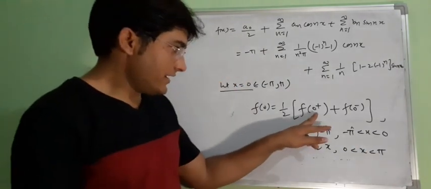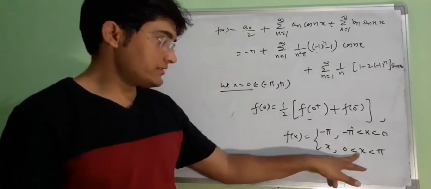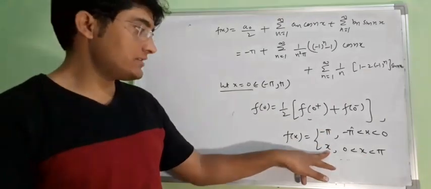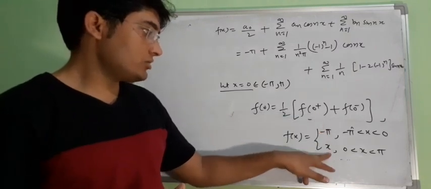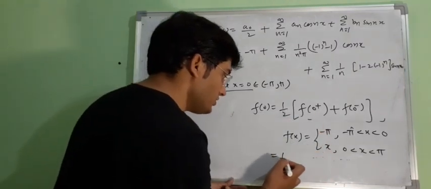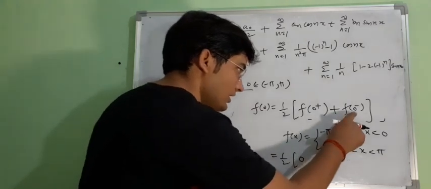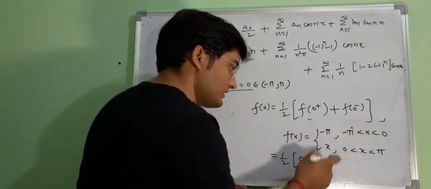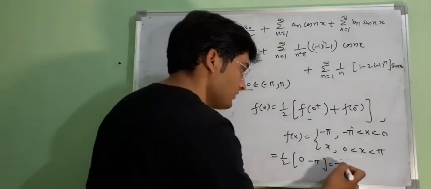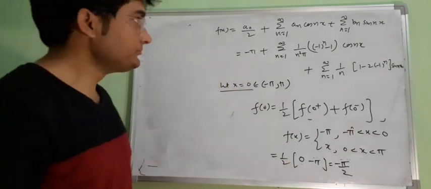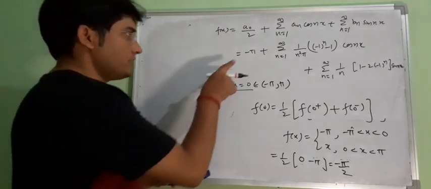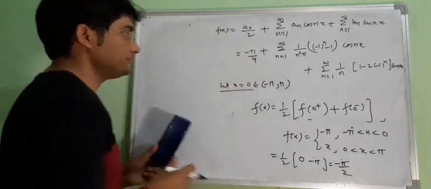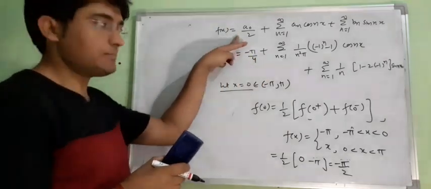Now if x is greater than 0, then f(0+) will be 0, because f(x) is x. So the first term is 0. Now if x is less than 0, then f(0) is minus pi, and we will have minus pi upon 2. I think here is a mistake, as our a0 was minus pi by 2, so this will be minus pi by 4.